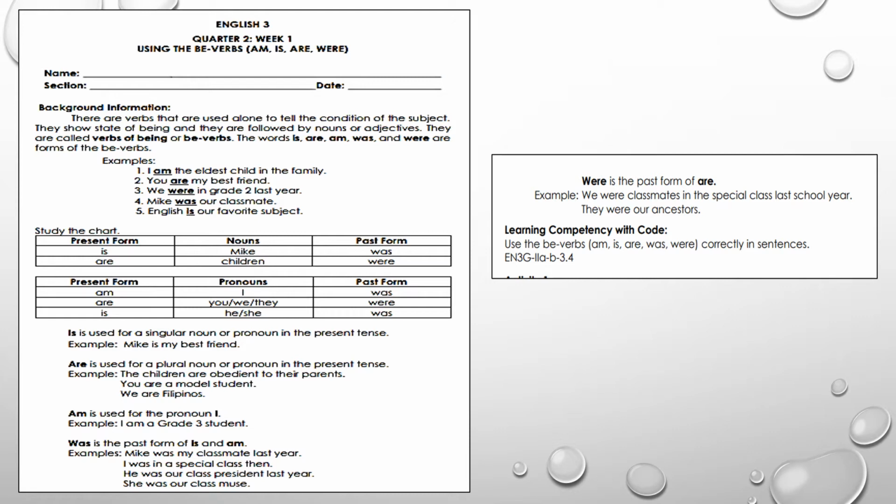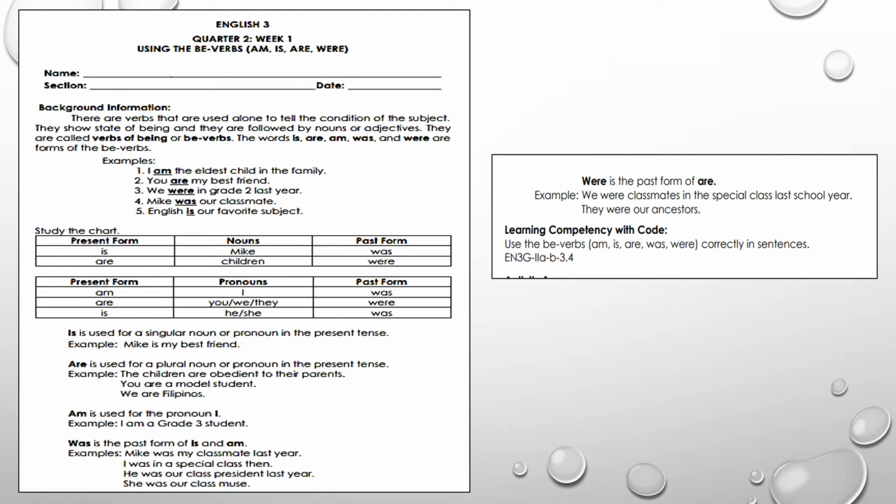Sa Tagalog po, gagamitin natin ang is at are kapag tayo ay may pinag-uusapan na kasalukuyan. So, pwede mong gamitin ang is at are kapag ang tinutukoy mo ay sa pangkasalukuyan o nangyayari ngayon. Pero kapag naganap na, dun papasok ang paggamit natin sa ibang be verb, gaya ng were at saka yung was.